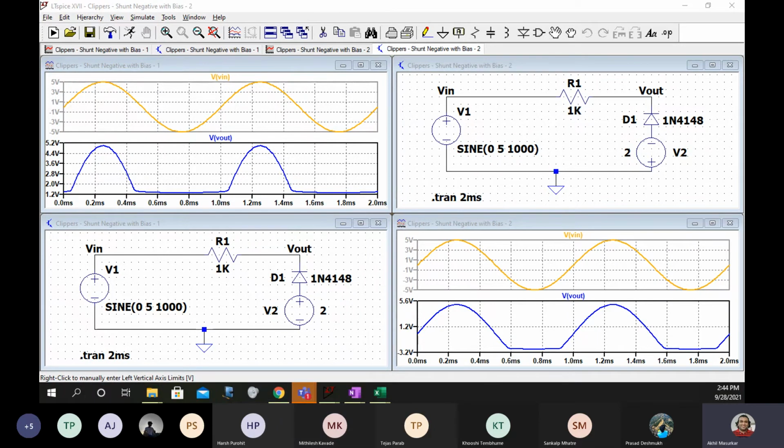Hello, sir. Yes, Mithilesh. Sir, I had one doubt regarding the experiments. For the observation table, we have to fill the information from a SPICE error log, right? Yes.